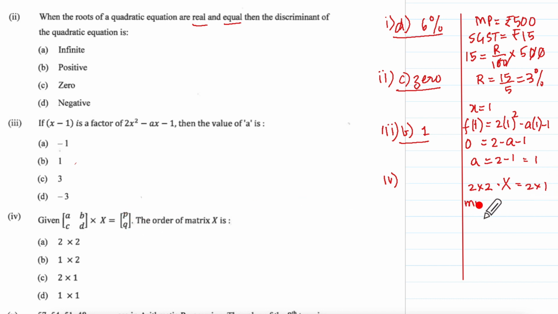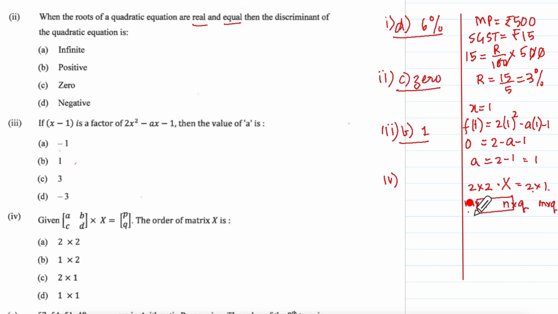So now you remember m into n is the order of the first matrix, and then for the second one it has to be n into q. Then if these two are equal, the product will have m into q. This will be the number of rows, this will be the number of columns, so m into q.